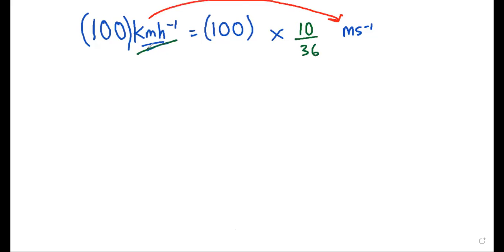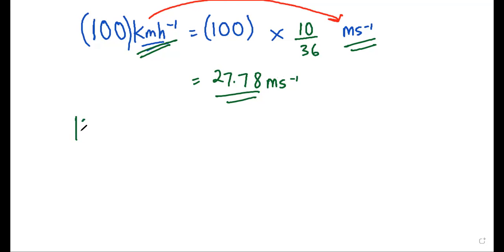So anytime you're changing kilometer per hour to meter per second, just times 10 over 36, you will get your answer. So this answer will be 27.78 meter per second. So 100 kilometer per hour to meter per second is just 27.78 meter per second.